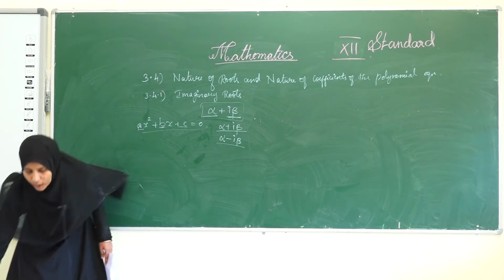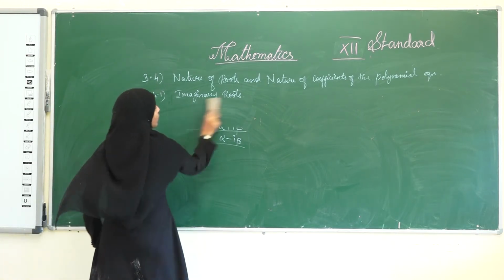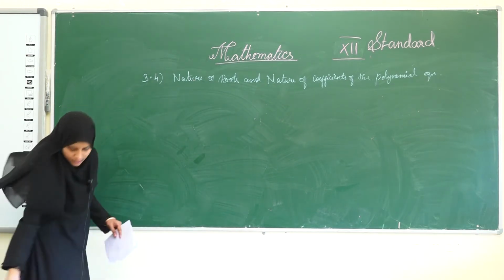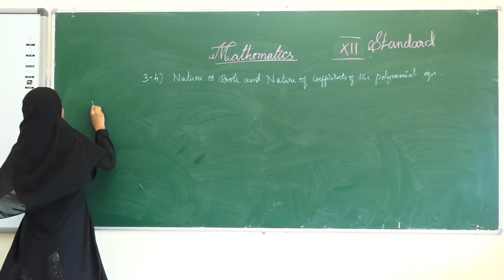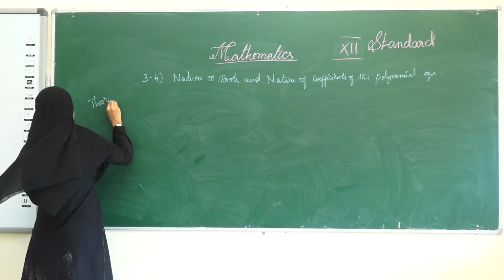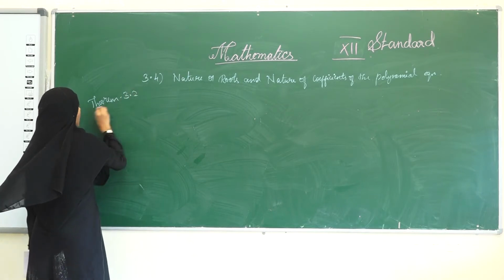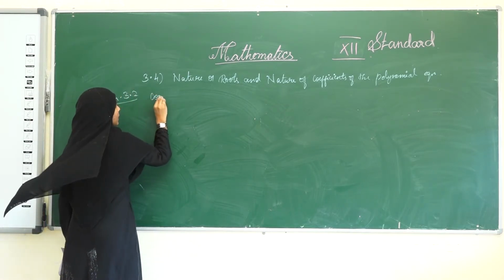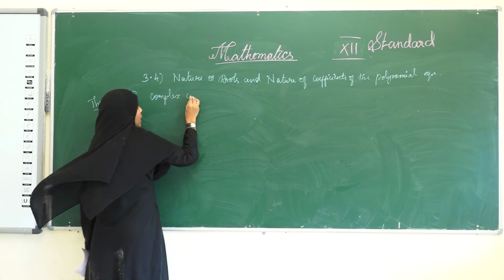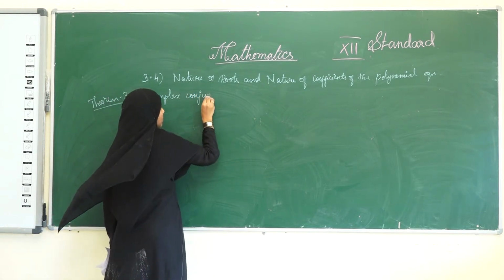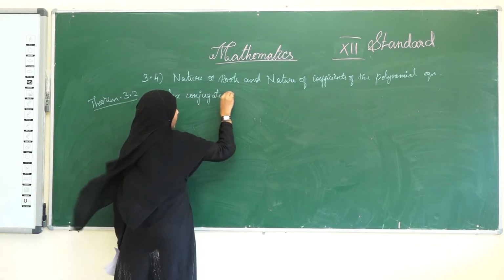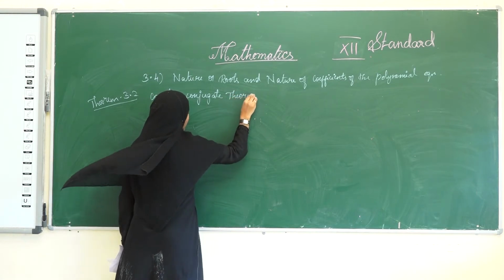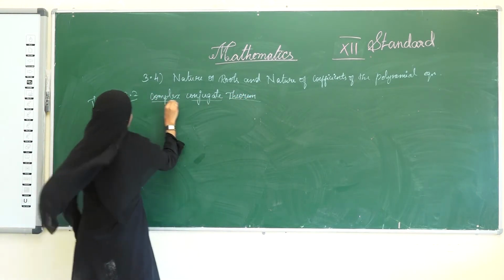This number is called the conjugate number. For this they have given a theorem. We can explain this in a theorem. Theorem 3.2. It is a naming theorem, the complex conjugate theorem, a very important theorem of this chapter.